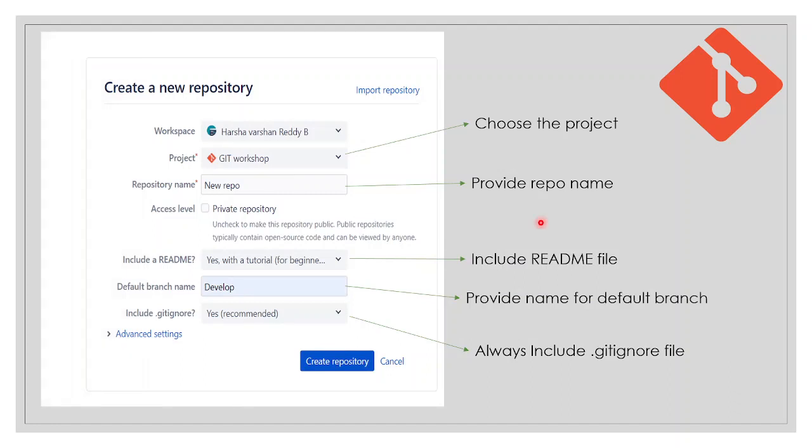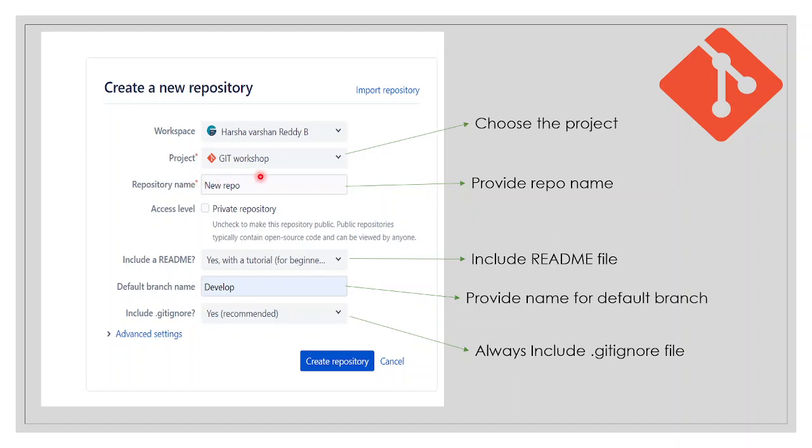And how to create a new repository? To create a new repository, first you should have a Bitbucket account and a project. You need to choose for which project you are going to create a repository, and provide a repository name. That should be a meaningful name.